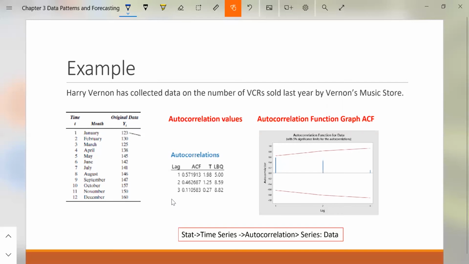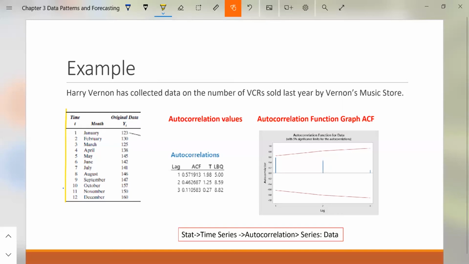Even after VCR, we had CD, DVD, Blu-ray, until right now, I believe a lot of people are streaming online. But anyway, we have 12 observations, as you can see from the table right here. I can tell it's time series data because it was collected over the 12 months in a year.